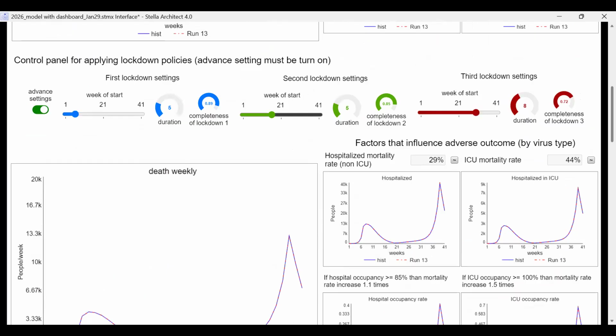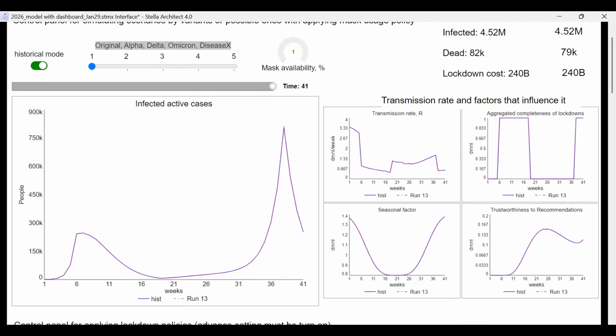In order to go further, we need to switch off the historical mode. As I mentioned, historical mode takes the real data coming from the past pandemics, which we sourced from academic papers, peer-reviewed papers, policy reports.